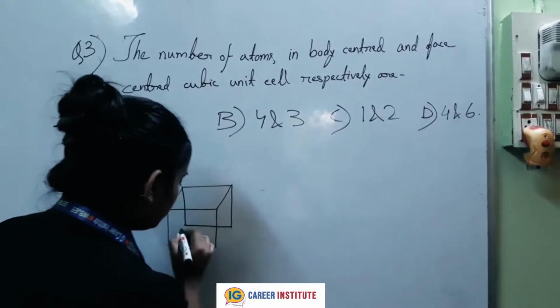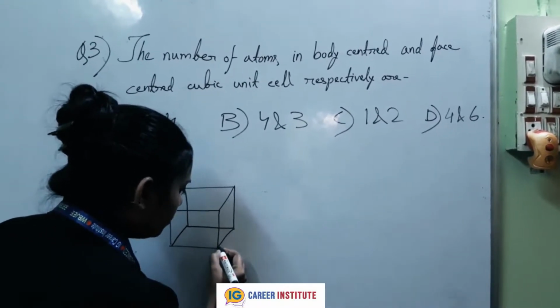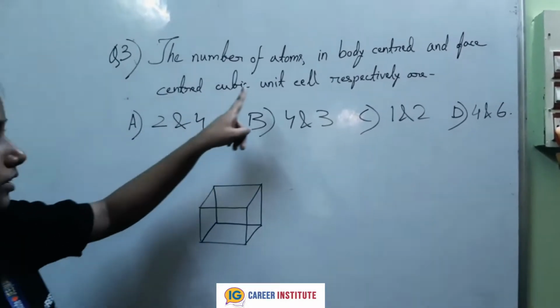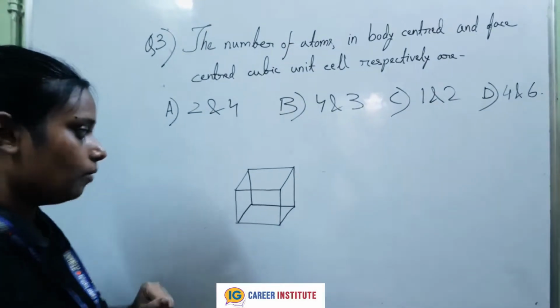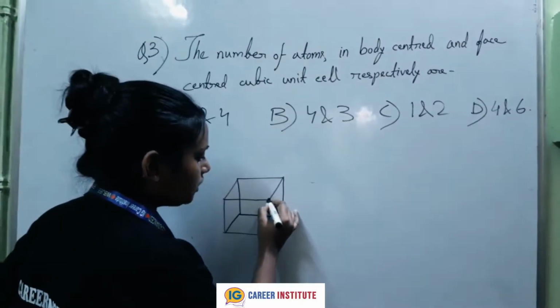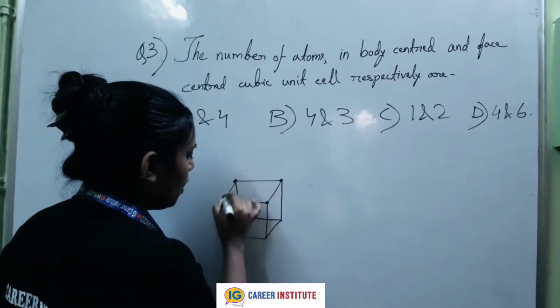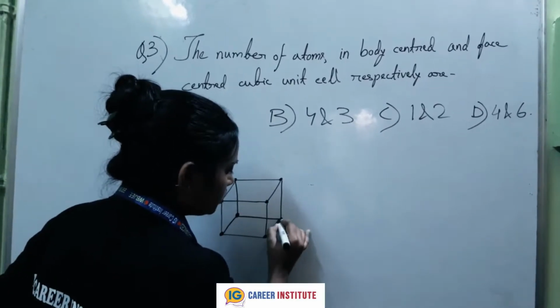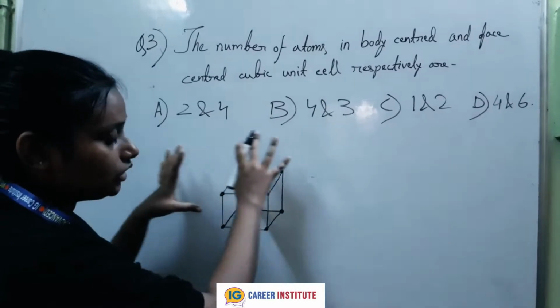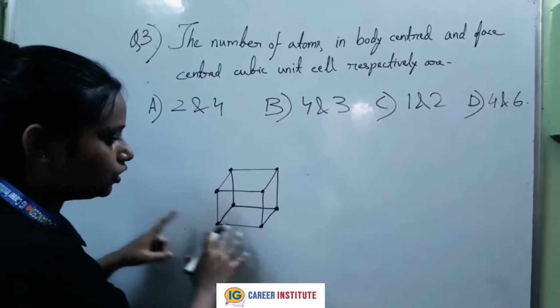For a body-centered cube, what do we know? Both the body-centered and the face-centered unit cells have the primitive structure. What do I mean by primitive structure? That each of the corners will have 1 atom each. Now each of these atoms at the corner is shared by 8 unit cells surrounding this cube.